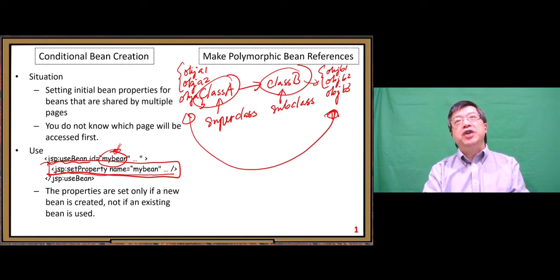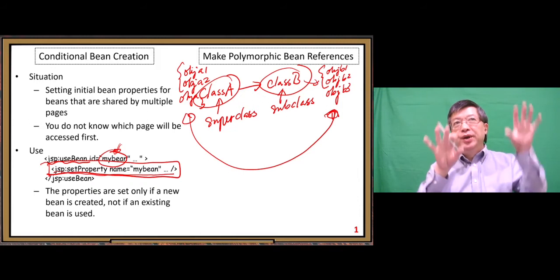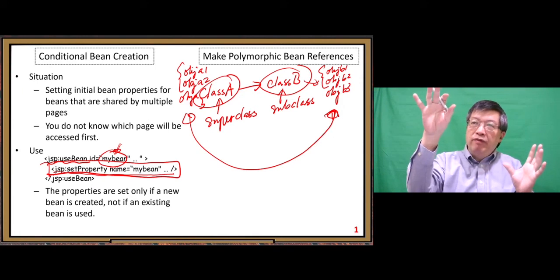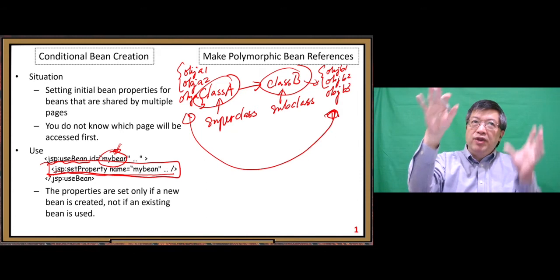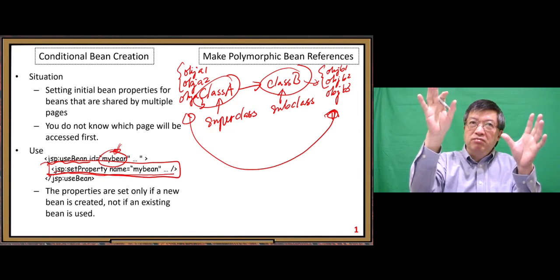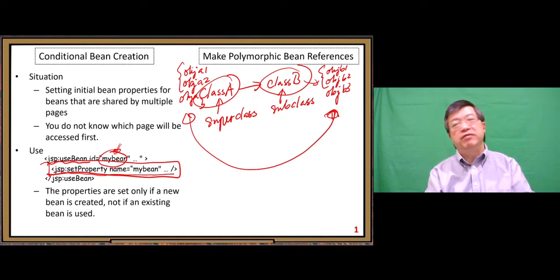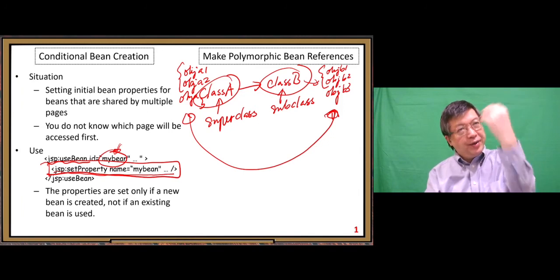Now, in the JSP, we want to use a sequence of objects with this polymorphism situation. So you can see it's a very special situation. Here there is a way to handle that.